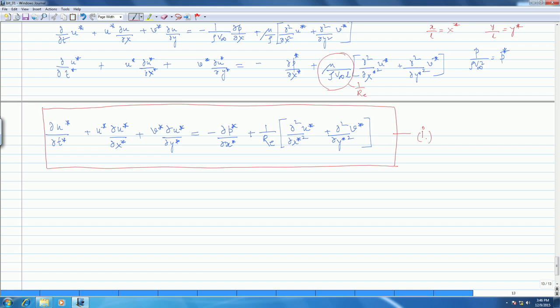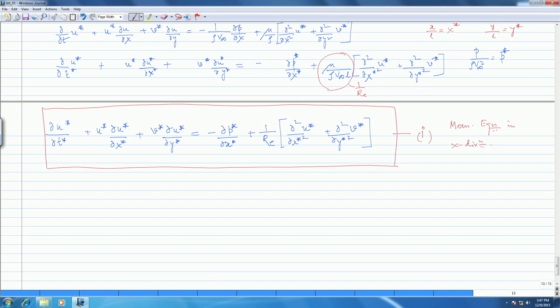Let us call it equation 1, right. So, this is the momentum equation in the x direction, right. So, we got this thing.